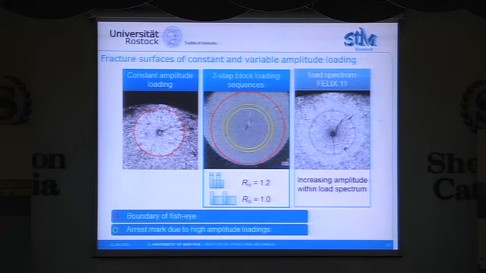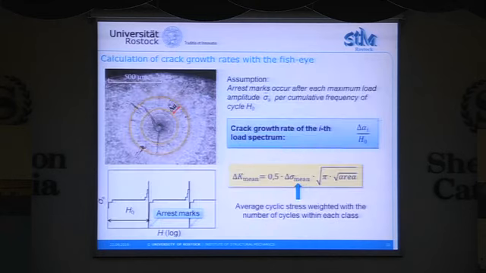If we look at the load spectrum, you can see here again the inclusion size and the boundary of the fish eye, and within the fish eye surrounding this inclusion we have these arrest marks.